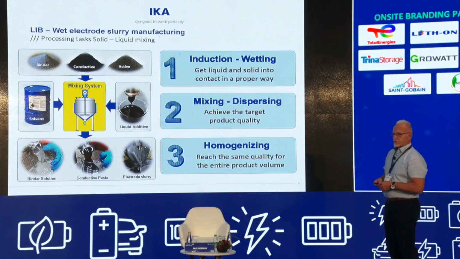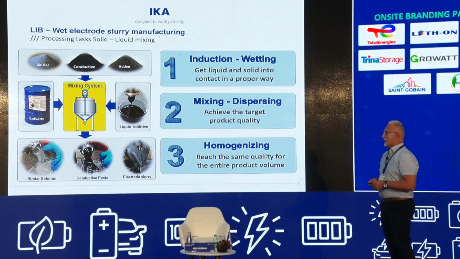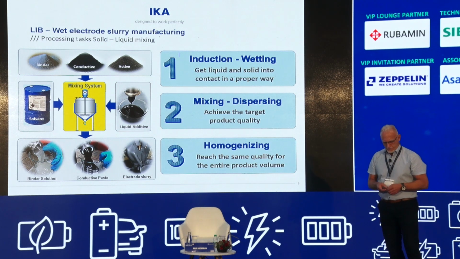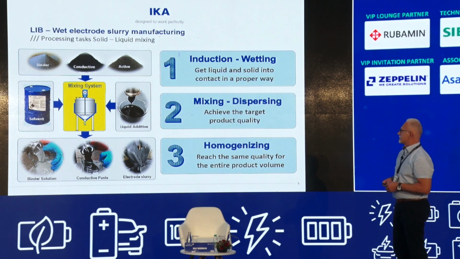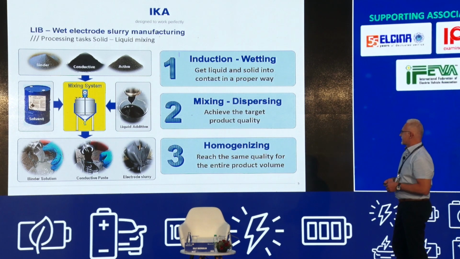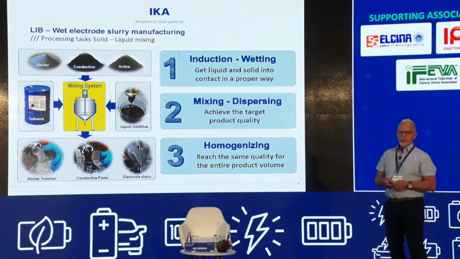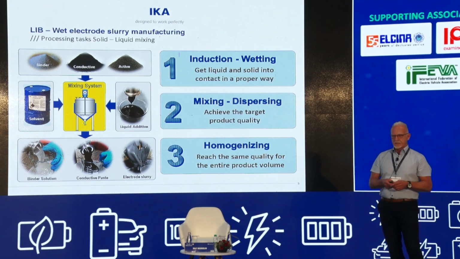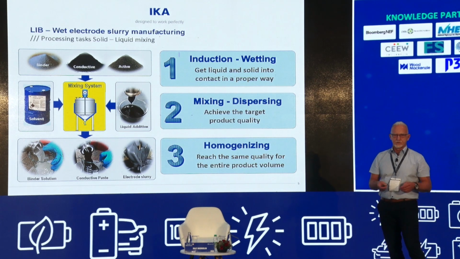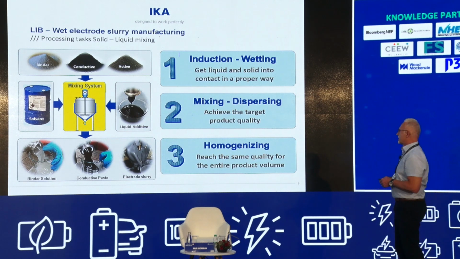So this is a challenge, and that's why we need to take care of three main process steps in the mixing sequence. The first is how to get the liquid and the solid into contact, also how to do the wetting of the solid materials. This must happen in a good way.